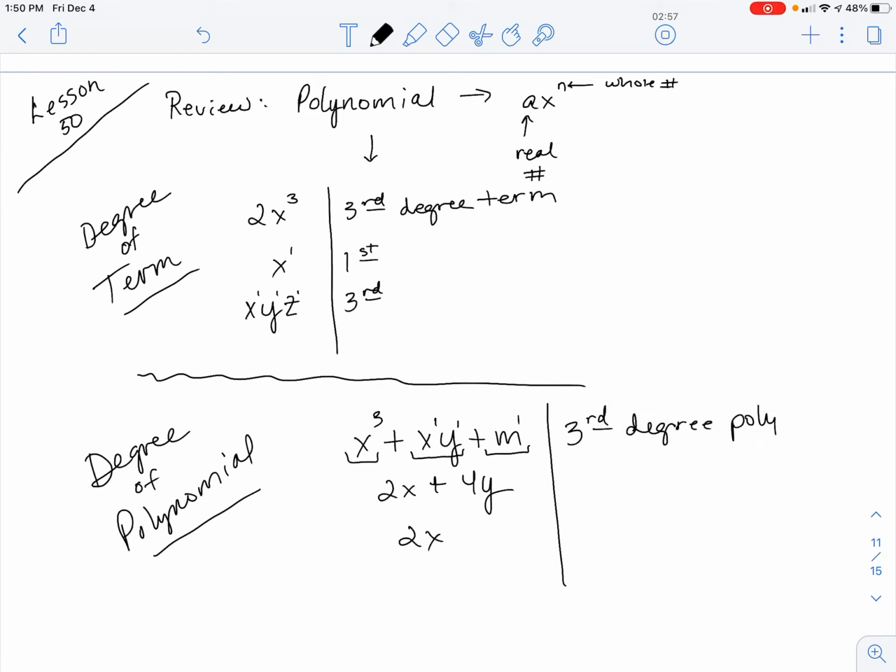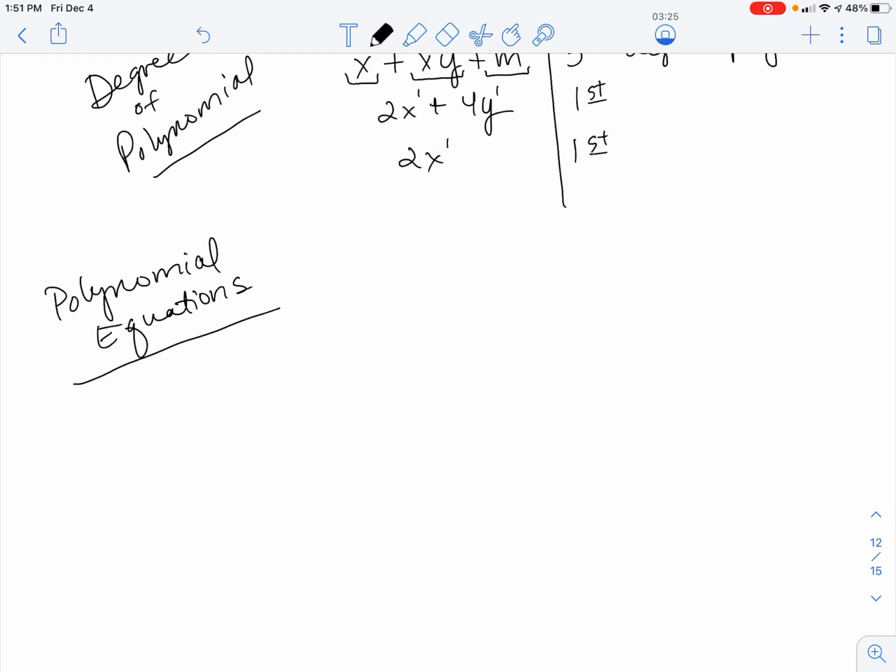Now today, we're going to be looking at polynomial equations. Whenever you have polynomials that are connected by an equal sign, well, now you're looking at a polynomial equation. And how do I know? Let's take a look at one of these. Actually, I'm going to write down 3 just like I did up top here.